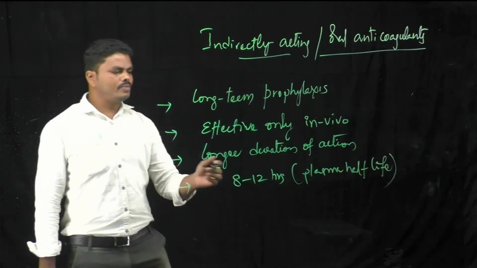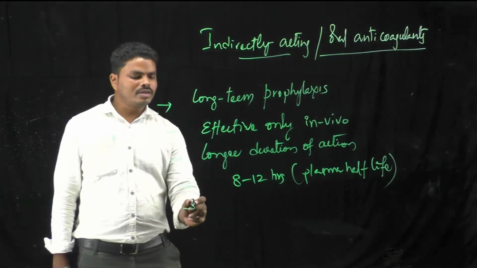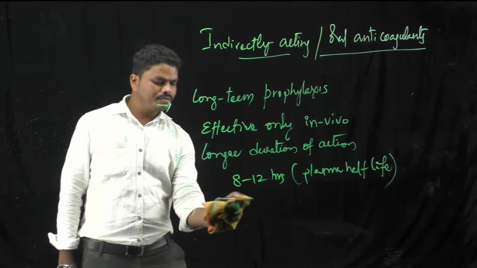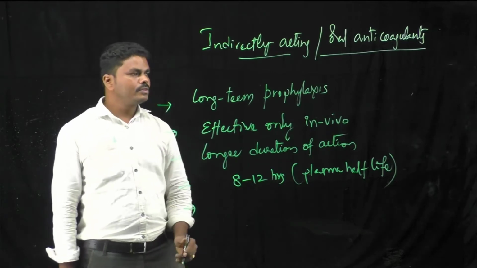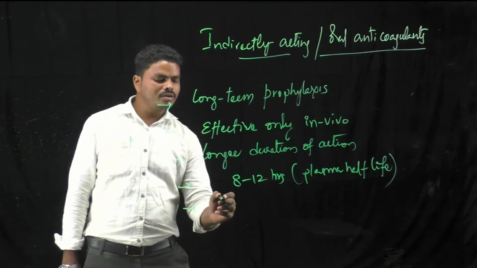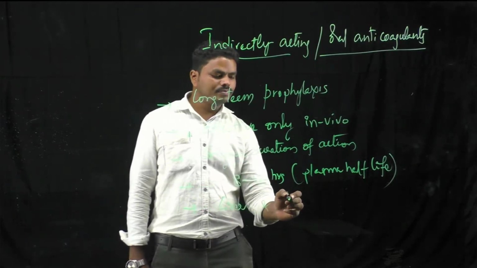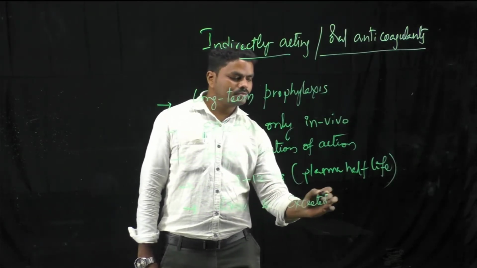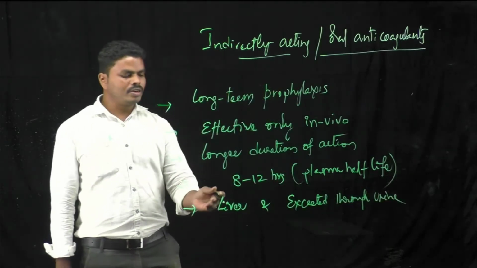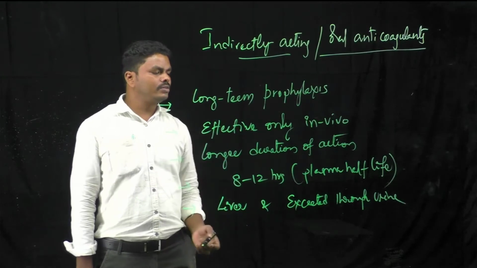These drugs are generally metabolized in the liver, and most of the metabolites obtained from this metabolism are excreted through the urine.